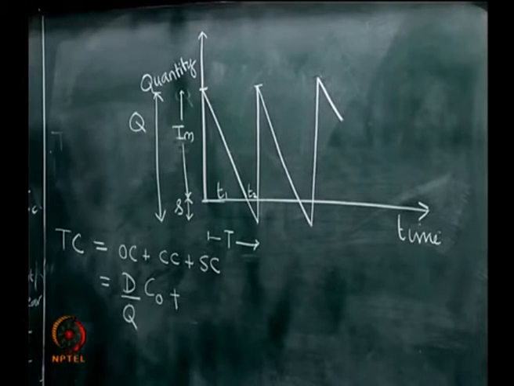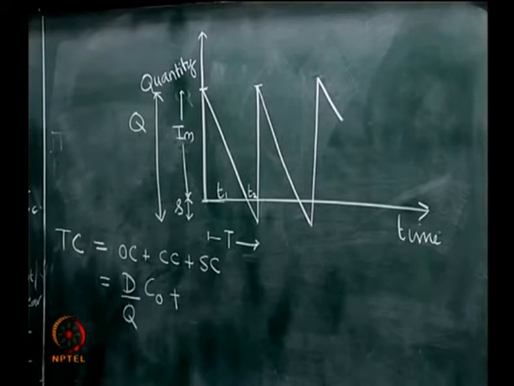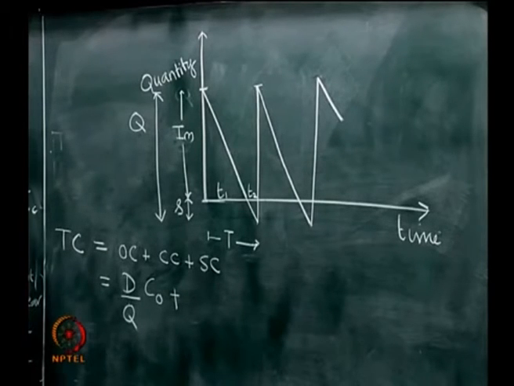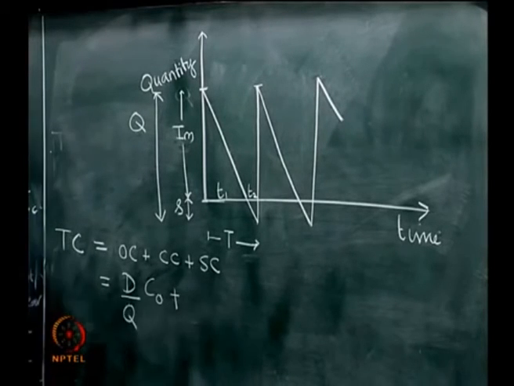Now we need to look at the total carrying cost per year. The broad or general definition is average inventory into the inventory carrying cost. Earlier it was Q by 2 into CC. Now we have to compute the value of the average inventory.